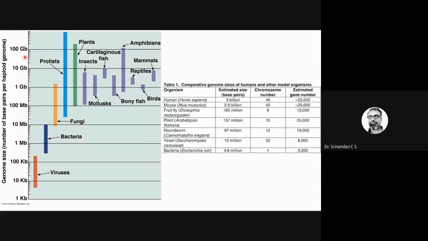Okay, so the language we use is the same as for storage of information in computer parlance also, like GB, KB, all these things, and a similar storage mechanism is there.